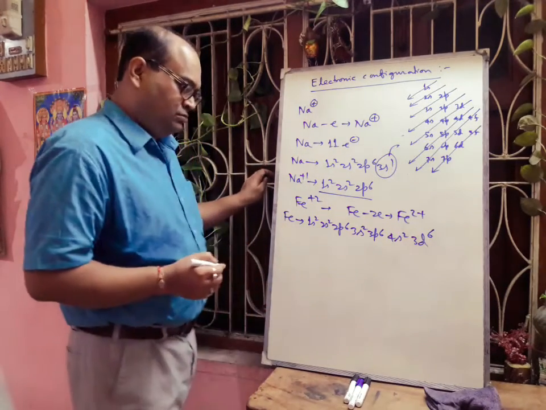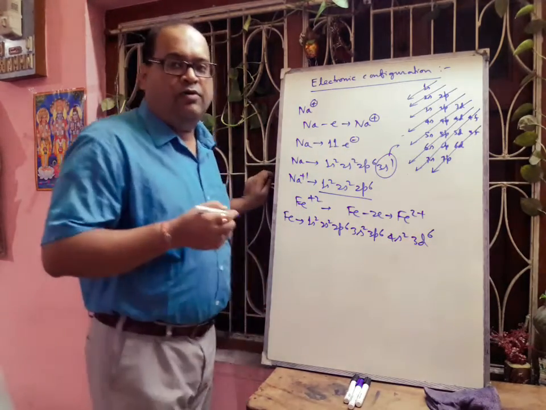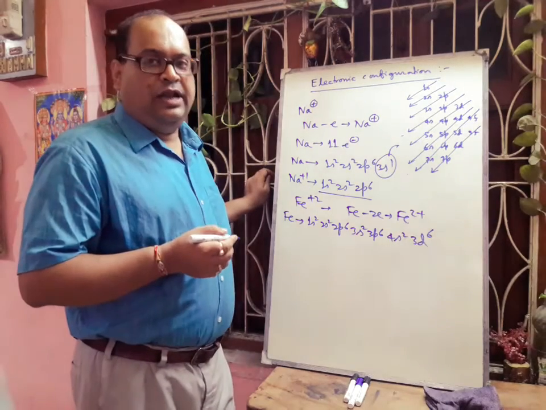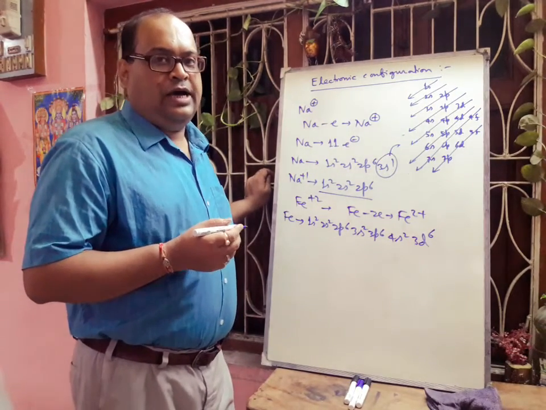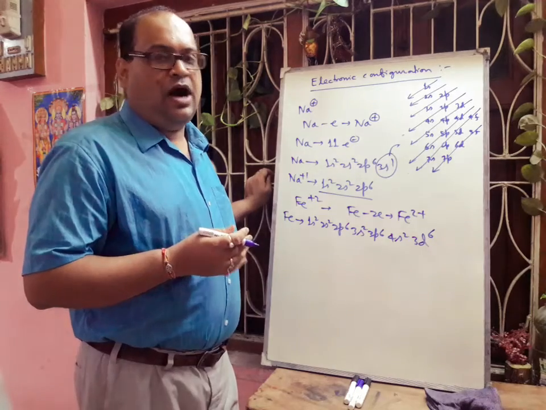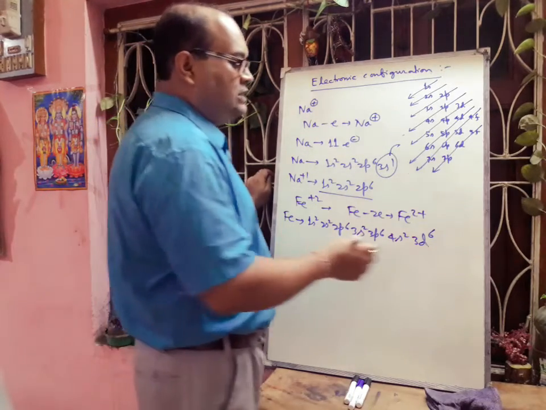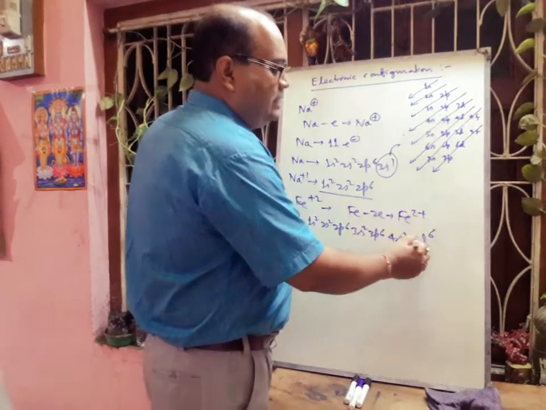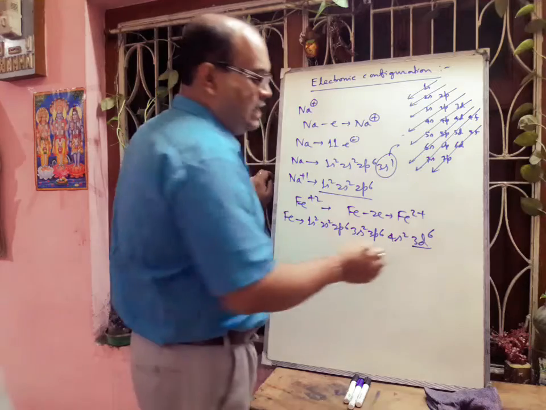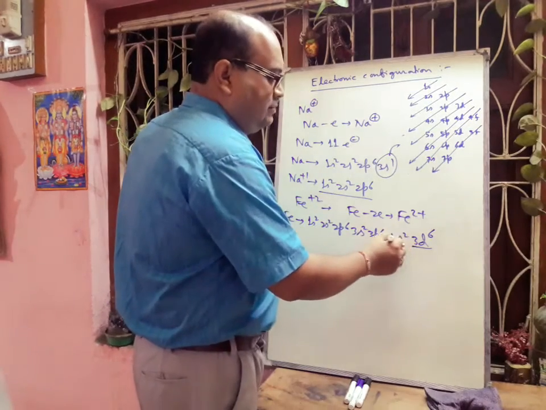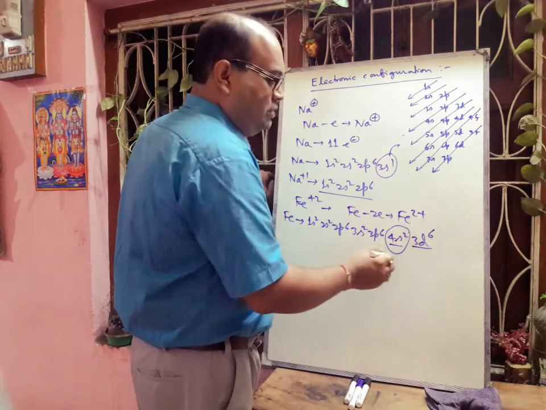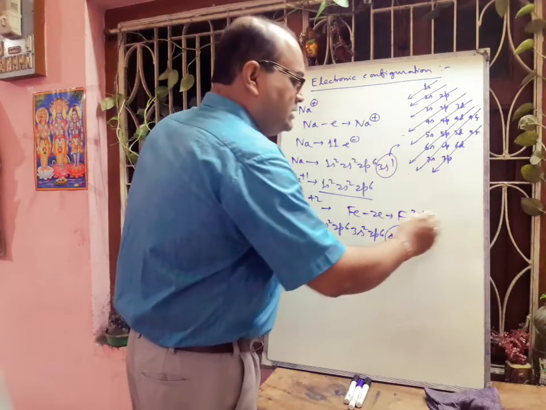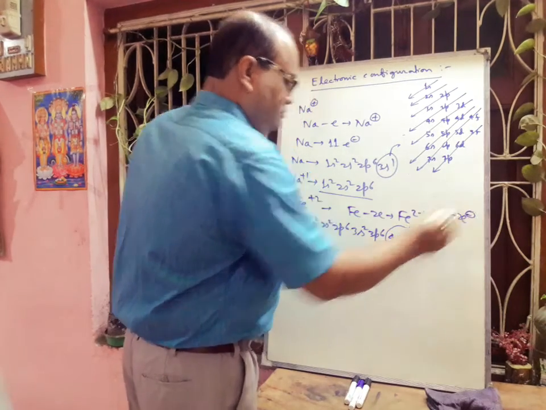Now, if you want to write the electronic configuration of Fe2+, definitely the electrons will be released from the outermost shell. So which one is outermost? Here I have written 3d later because here the n plus l value is higher. But 4s n plus l value is lower, yet this one is the outermost shell. So it will release 2 electrons from this shell.